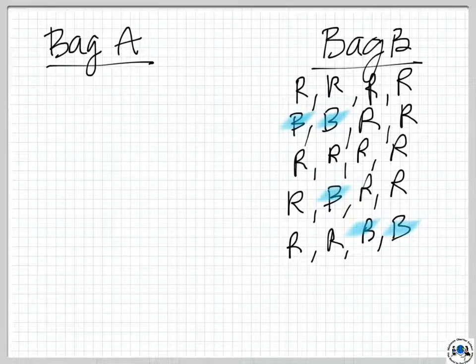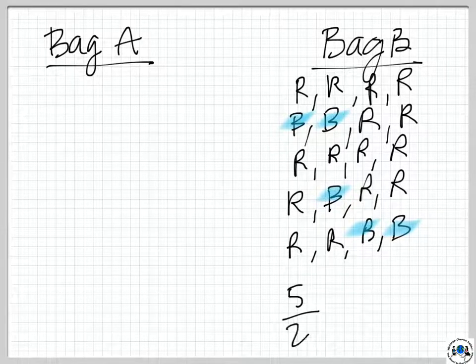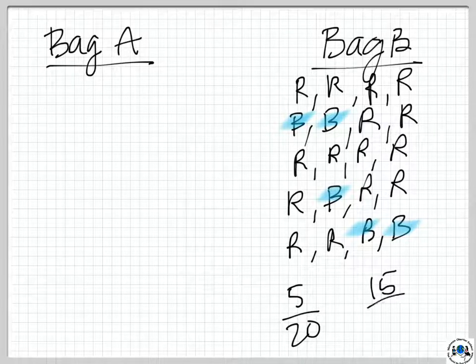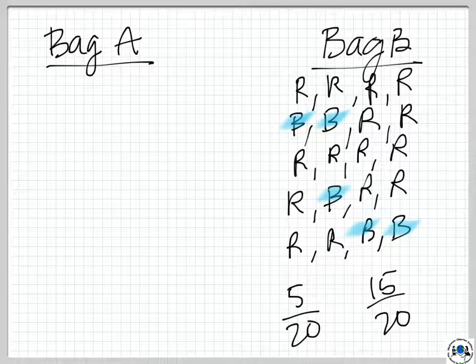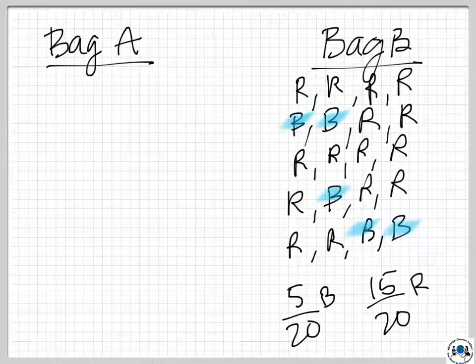So 5 out of my 20 selections were blue, and that means 15 out of 20 were red. Based on that, I don't think I need to select anymore. I could continue, but I don't want to prolong this lesson because I'm not sure, besides being a really fun classroom activity, how much this is going to help you.